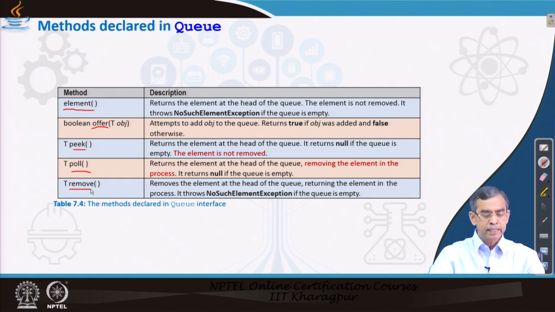And then remove is one more method. Remove basically removes the head, the same as poll sort of thing. It returns the element after removal, and obviously all those methods throw an exception if the queue is empty.